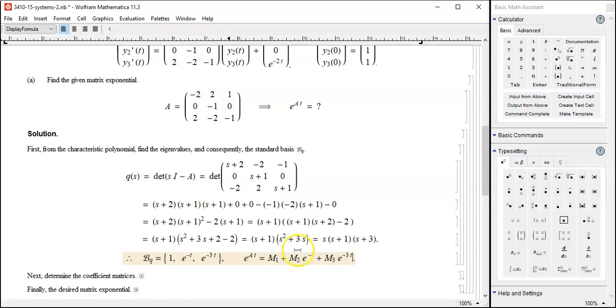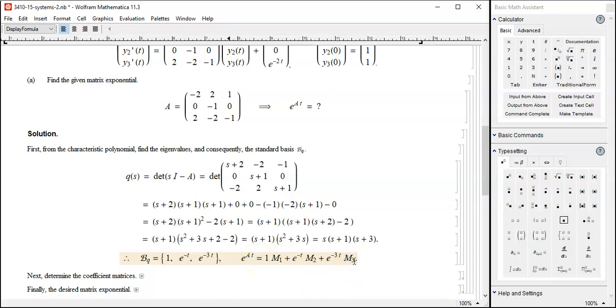So s equal to 0, so we have 1 times M1, and then e to the negative t power times M2, and then e to the negative 3t times M3, like this.